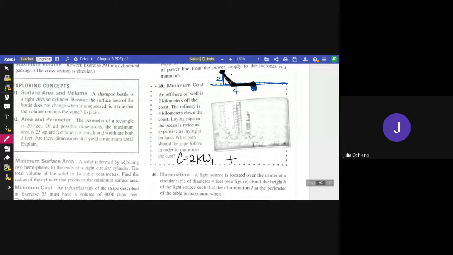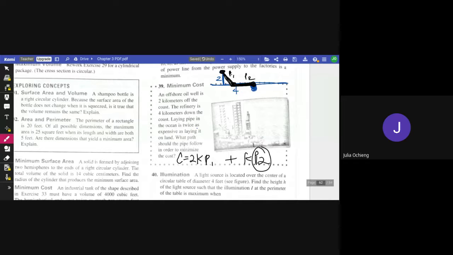Let's call this P1, so pipe 1, pipe 2. Whatever the length of pipe 1 is, that's going to be on water. And whatever the length of pipe 2 is, that's going to be on land.